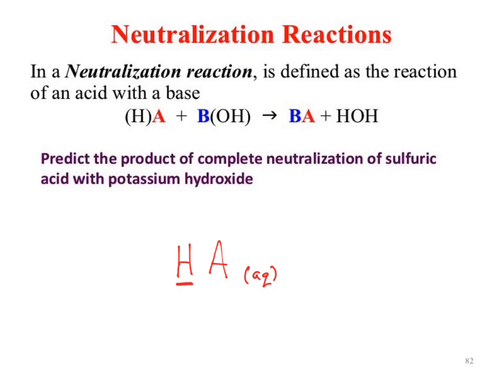In my general formats, I didn't include phases because I don't like phases. Sorry, that's just why. Okay? So that's how we know we have an acid. How do we know we're reacting it with a base? Because we see the presence of hydroxide, OH minus, okay, which should also have the AQ.